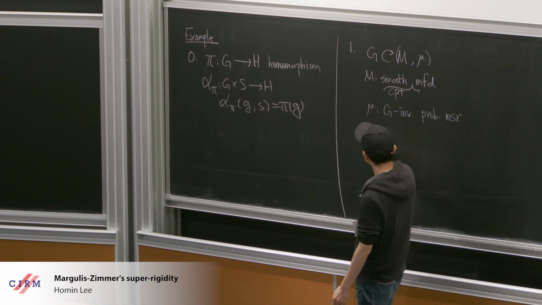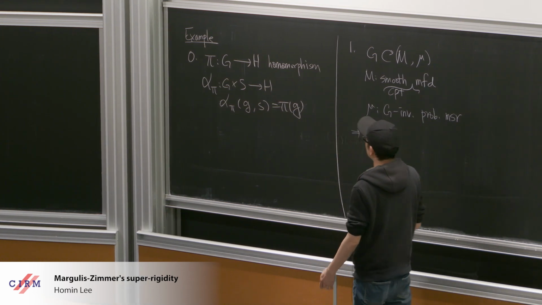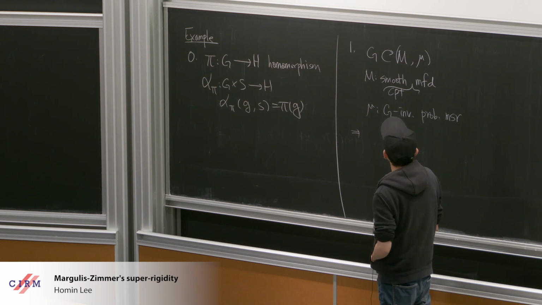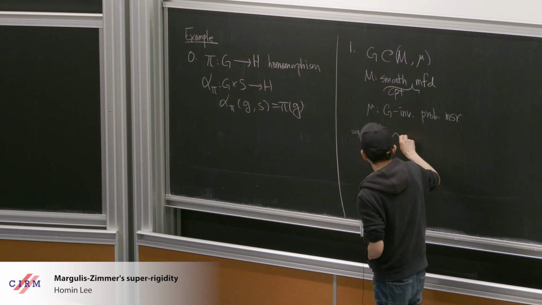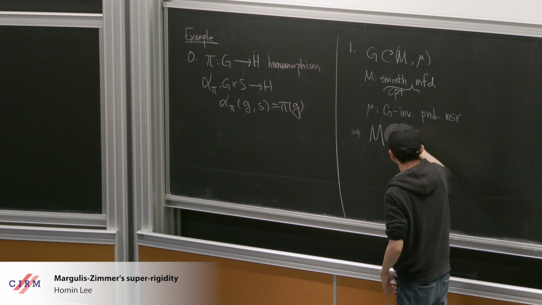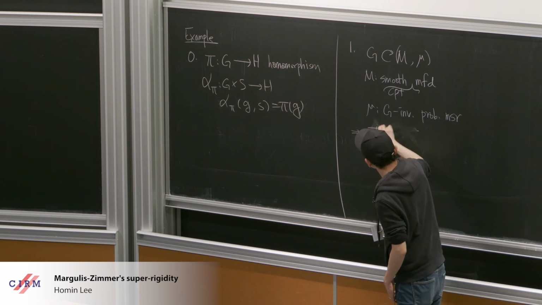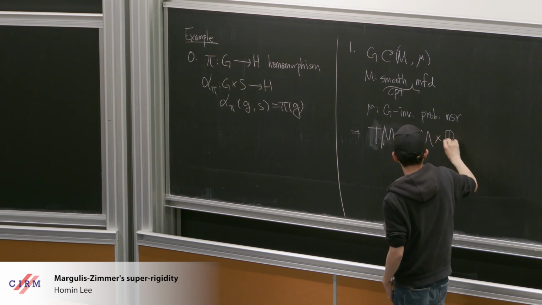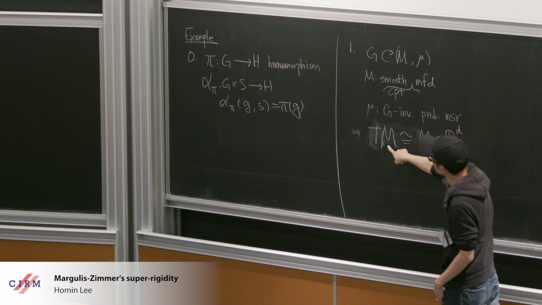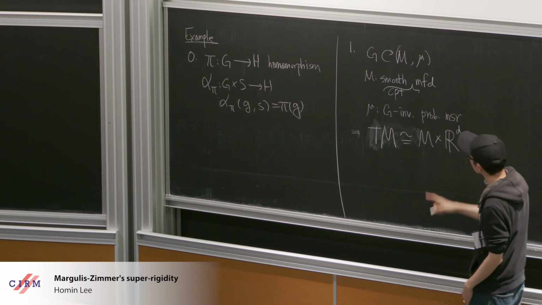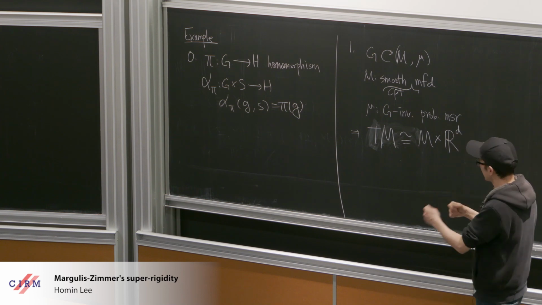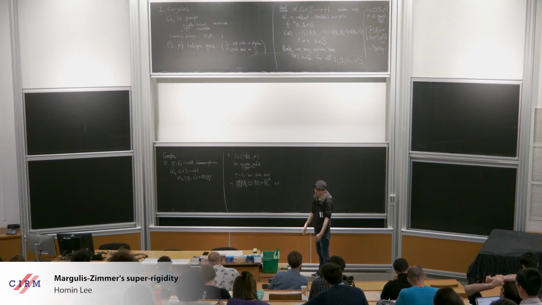And in order to avoid technical difficulty, basically you can do that. So I can actually trivialize the tangent bundle. So this is the tangent bundle, and this is the dimension of the M. And actually there is a way to trivialize measurably.